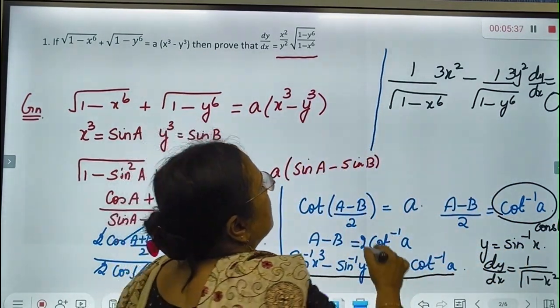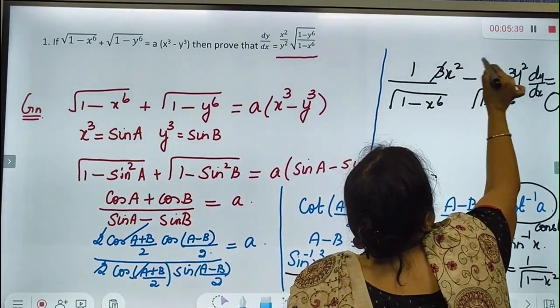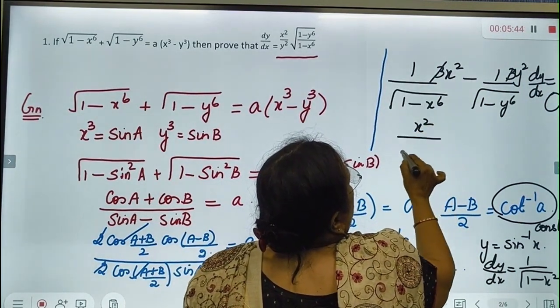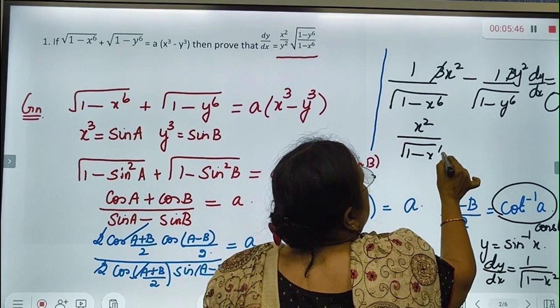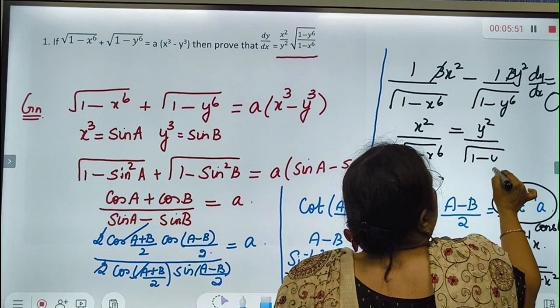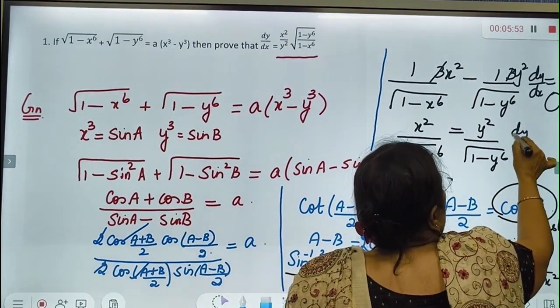Is it clear? Now since it is equal to 0 I am cancelling off 3. So what do I get? x square by root of 1 minus x power 6 is equal to y square by root of 1 minus y power 6 into dy by dx.